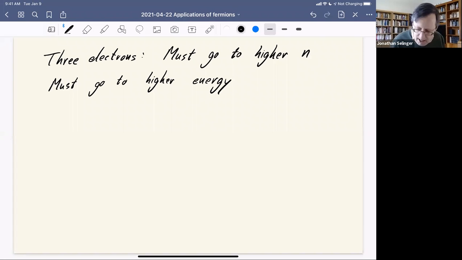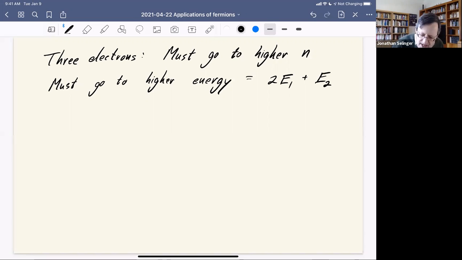That is, you can have 2 electrons in this n equals 1 state, and 1 in the n equals 2 state, which is higher. Okay, so that's for 3 electrons or 4 electrons.